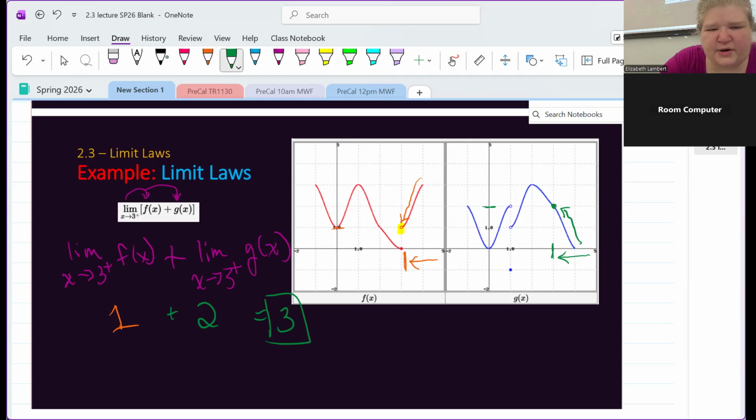So the limit split across addition. We found the limit from each graph as we approached from the right only. So even though on f of x, the limit as x approaches 3 overall doesn't exist because the left and the right side are not agreeing, this limit only focused on the right side, so we could still evaluate it. We could still work out an answer.